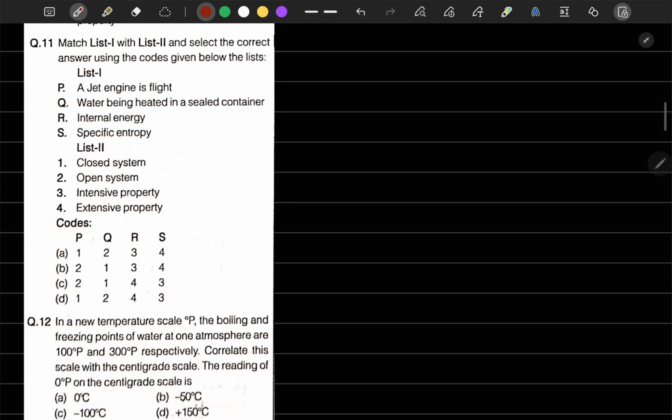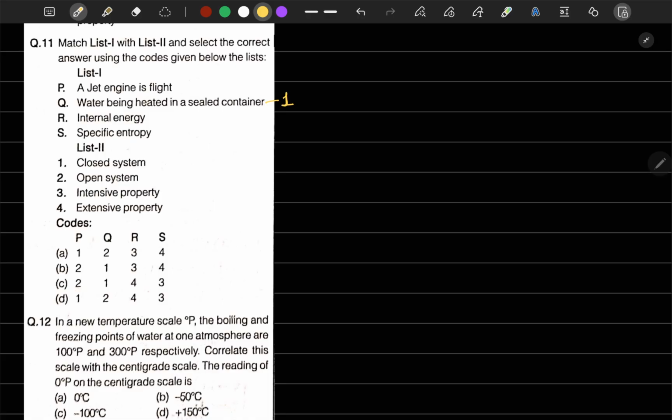Next is match list 1 and list 2 and select the correct answer. Okay, so let's see: a jet engine in a flight, water being heated in a sealed container, internal energy, specific entropy. Water being heated in a sealed container is an example of a closed system.